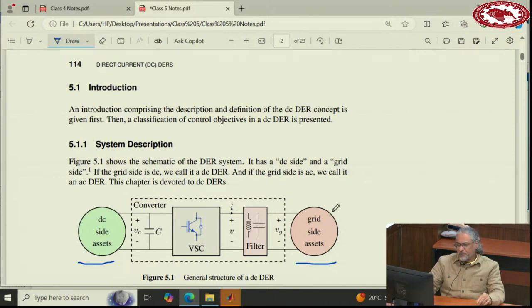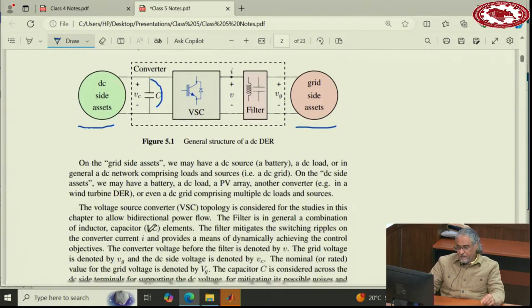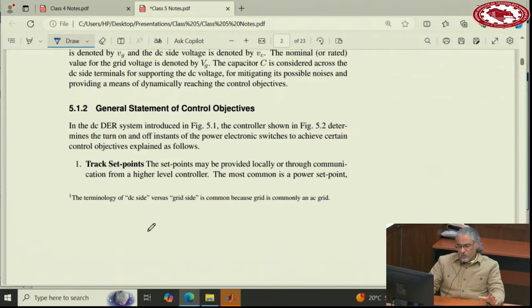So if this is the grid, for instance, and this is a PV source, and you want your PV to provide support to the grid, that's called grid support. Normally it's grid support, but it could be the other way around also, where you want to provide support to this voltage. As we go on, depending on the problems we have, we will specify what we mean by support.